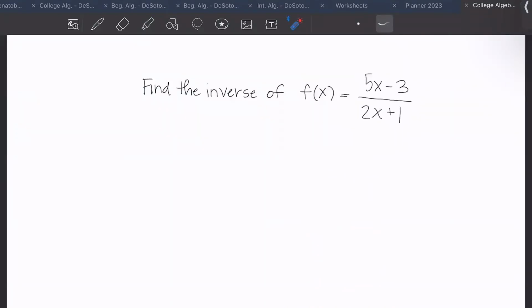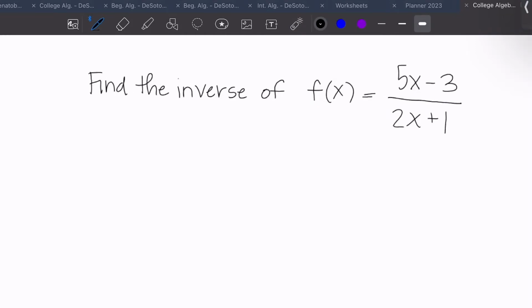Now we have a fraction. So let's replace f of x with y. And then interchange.